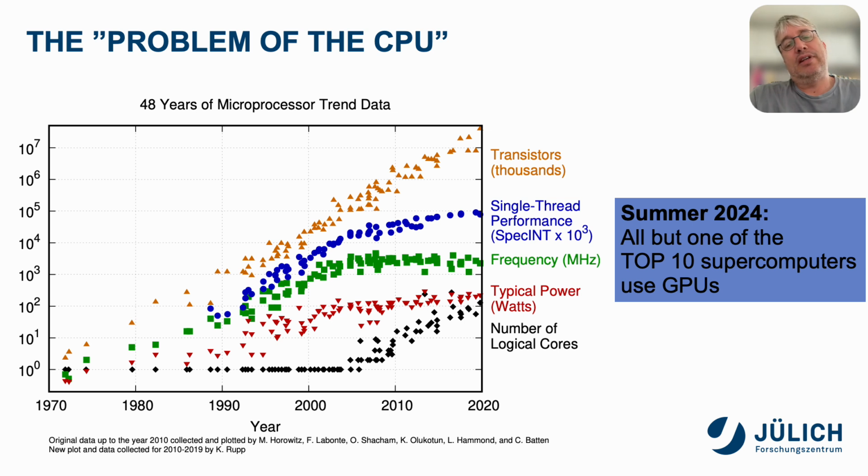But then a new way of computing in HPC evolved, with some differences compared to standard CPU calculations. As a result, if you look now at the top 500 list, of the top 10 supercomputers, all except one, the Japanese one, use GPUs for processing.